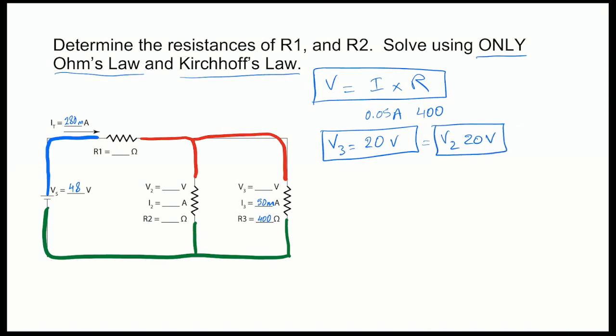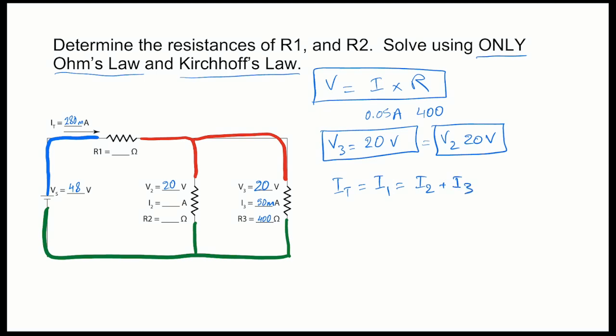We have established a few things. So this is 20, this is 20, and do we know I2 here? Well, according to the previous note, I said I total, which is also I1, because I total is passing through I1 in its entirety, is equal to I2 plus I3.